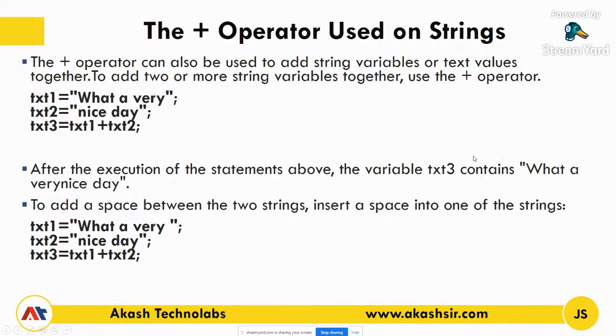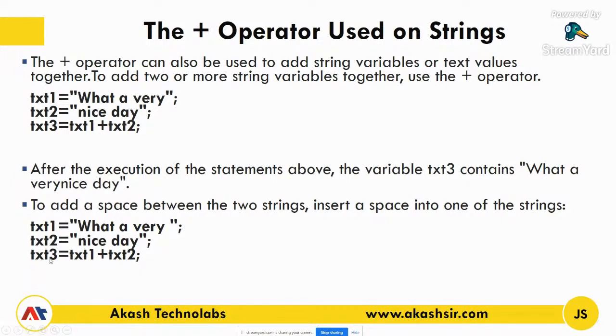The plus operator is used for adding string variables or text values together, which means we can concatenate the strings. Okay. So if you want to display a concatenation, for an example, here you can see this is text 1, "what a very", and this is text 2, "nice day".